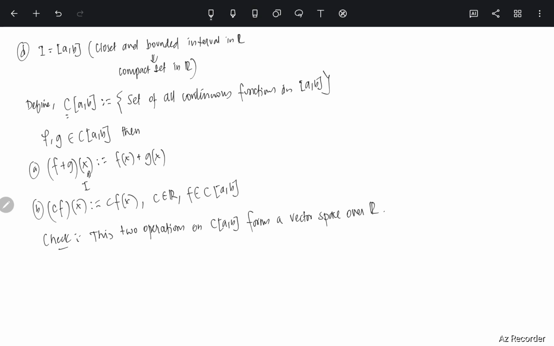Now, one important thing. Let's look at some examples of elements of C[a, b]. Of course, if you define, let's say, f1(x) to be the exponential function, e to the x, or trigonometric functions like sines and cosines, let's say sin x, those can also be elements of this set.